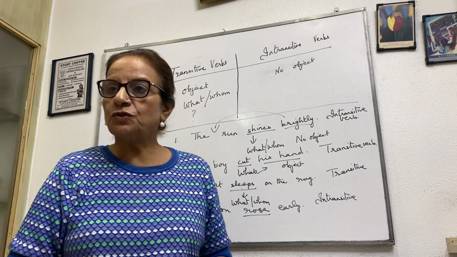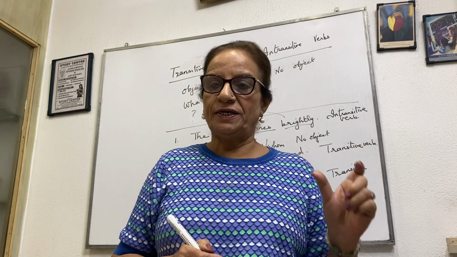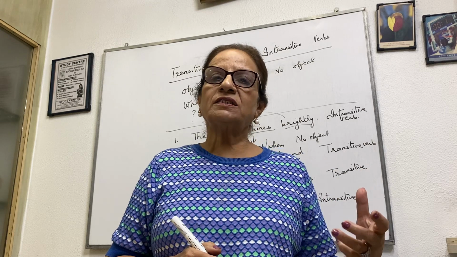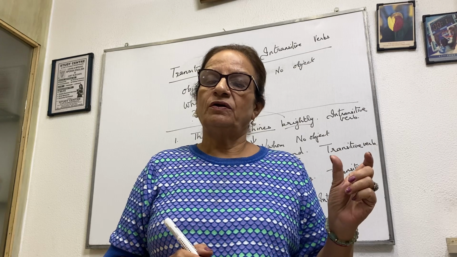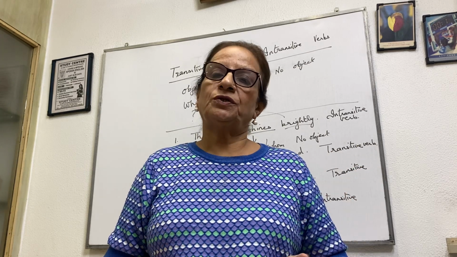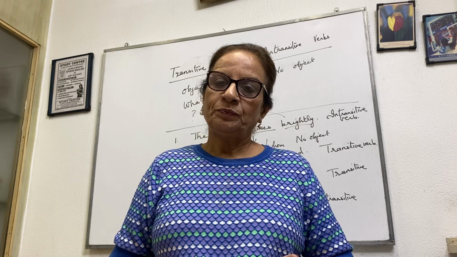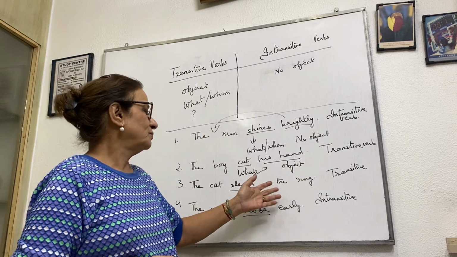So have you understood, students? First in the sentence we have to identify the verb and ask the question from the verb itself: what or whom? And you will get your answer. Cut what? Like I said, cut what?